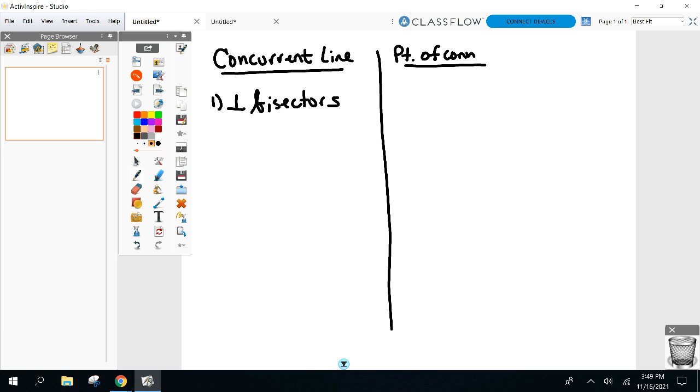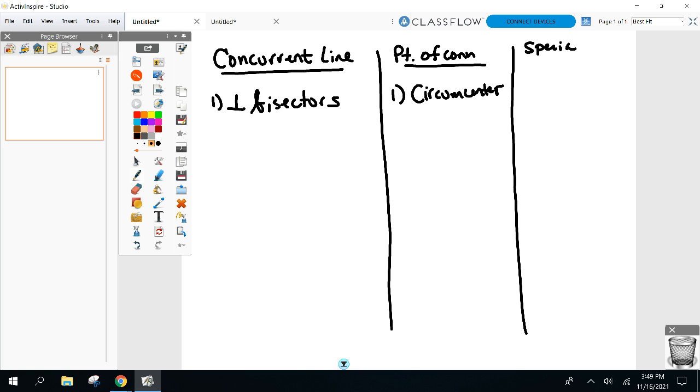All three perpendicular bisectors intersected at the circumcenter. And then finally, we should know a special property about the circumcenter. Our special property: it is equidistant from the vertices.